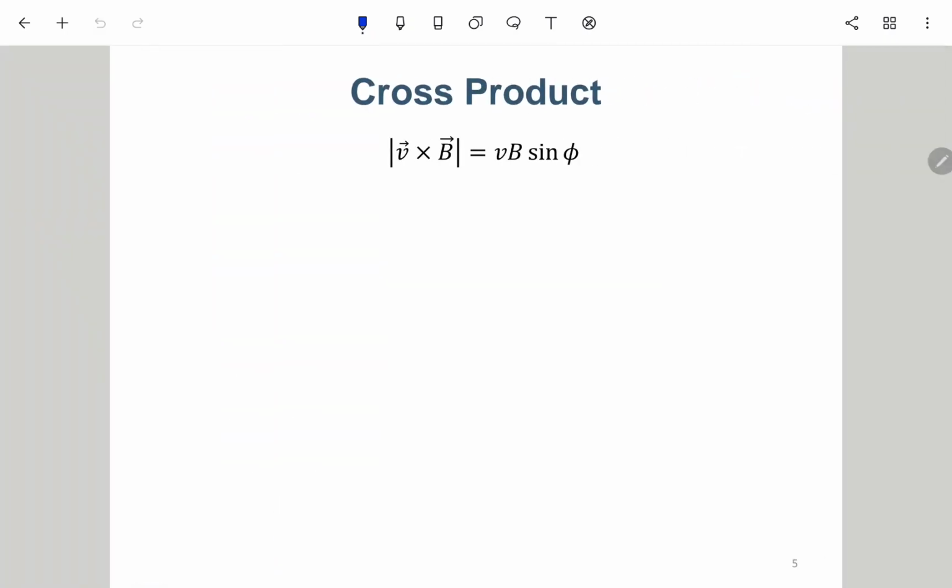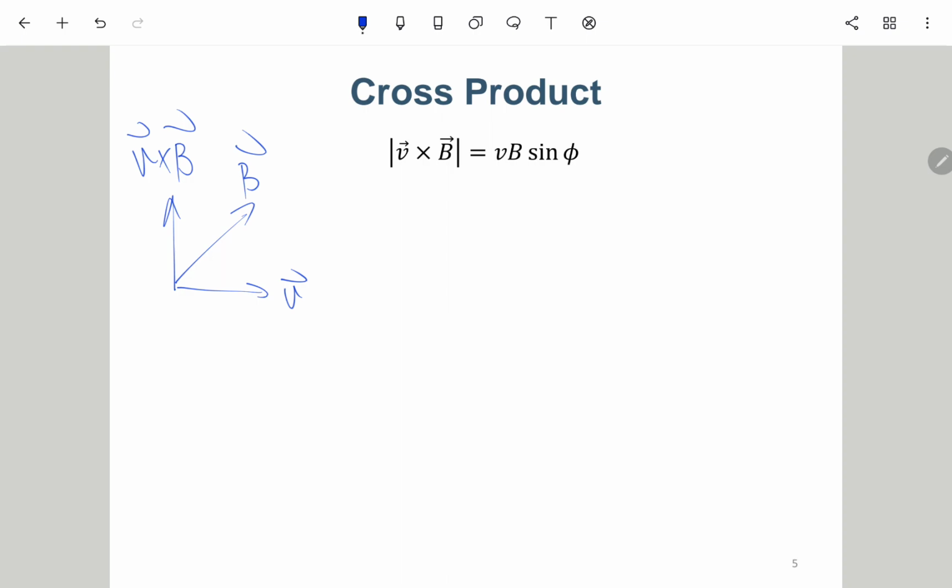Here we can somehow explain the physical meaning of the cross product. If we have V and B like this, then of course V cross B will have this direction.